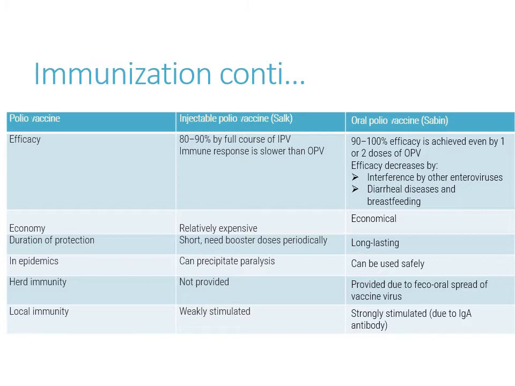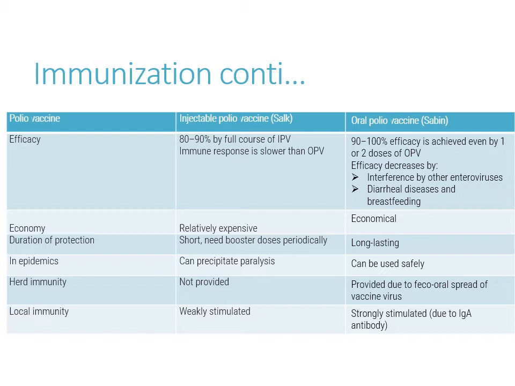Then cost-wise, IPV is more expensive, OPV is more economical. Duration of protection: IPV has a short duration, and boosters need to be given periodically. OPV has a long-lasting effect.